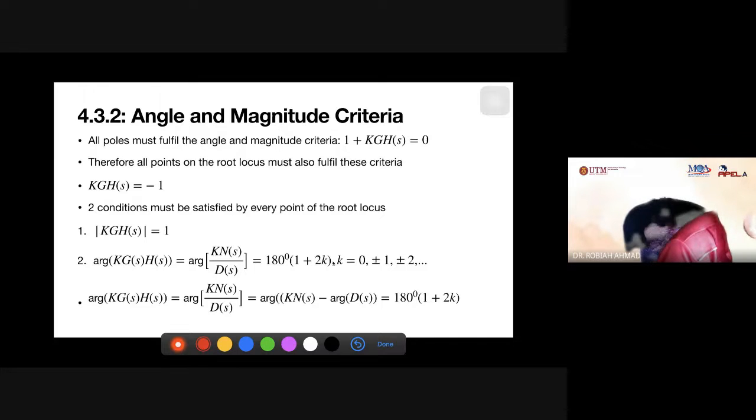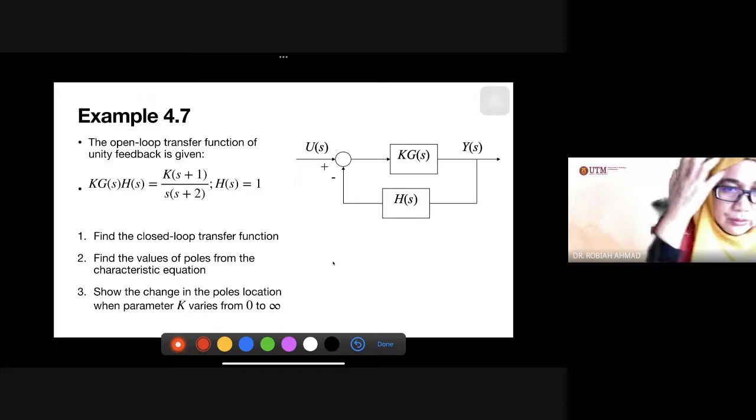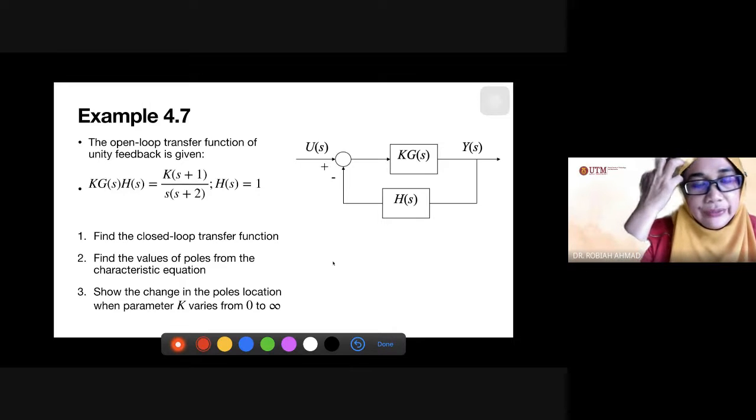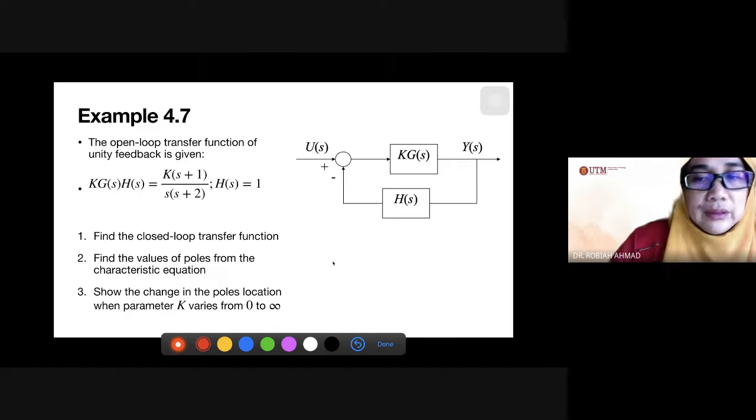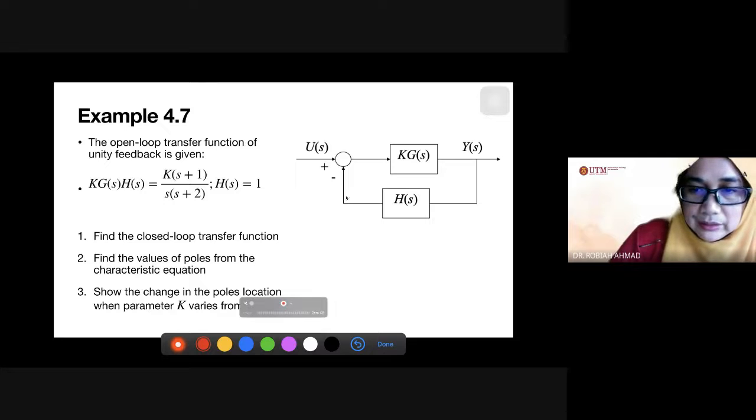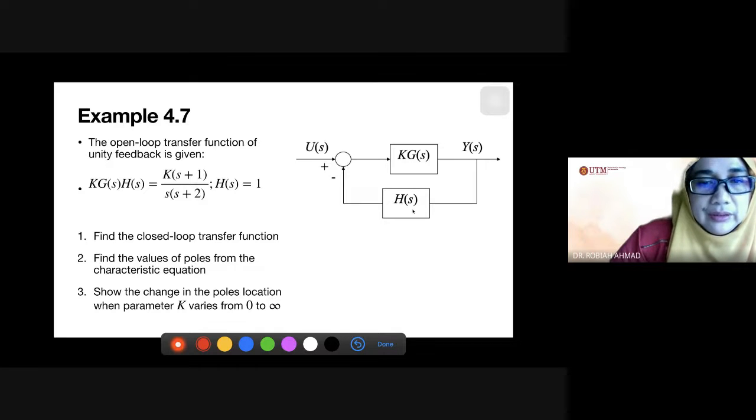Okay, so let's say this one we have open block diagram macam gini. So this one dia punya feedback is unity. Okay, so we have the open loop transfer function, the KGHS is given by this equation.